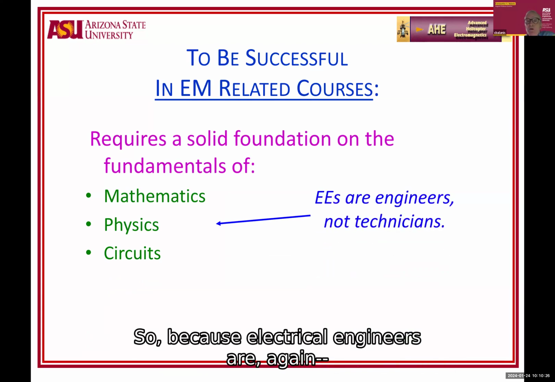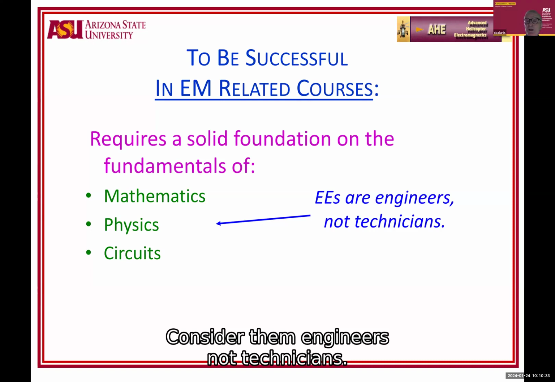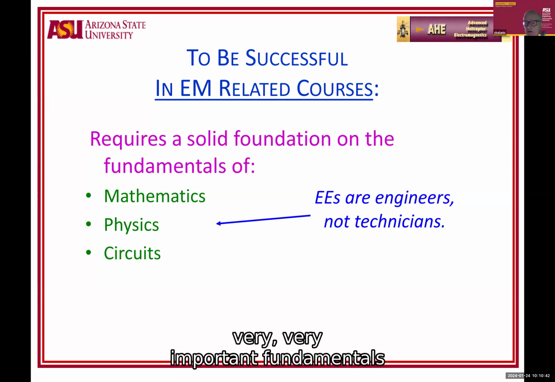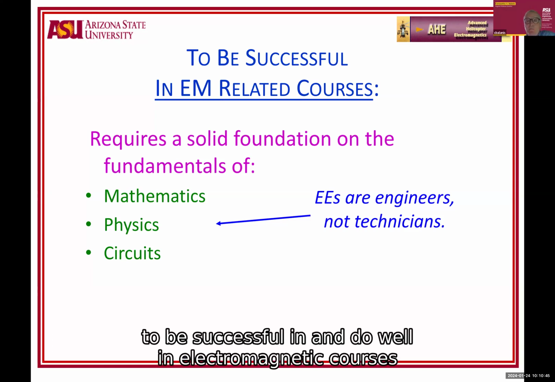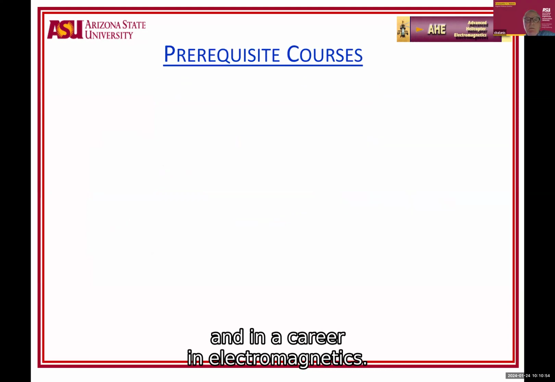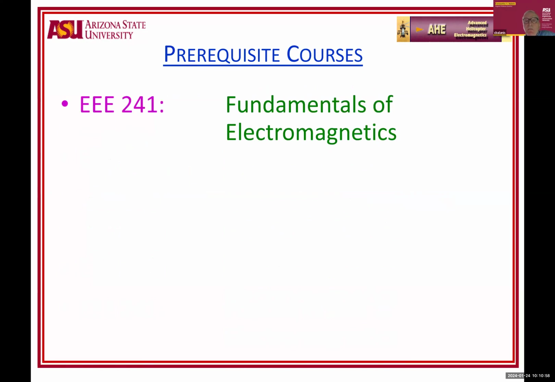So because electrical engineers are, again, consider them engineers, not technicians. So those three, mathematics, physics, circuits, very, very important fundamentals to be successful in and do well in electromagnetic courses and in a career in electromagnetics. So what are the prerequisite courses?